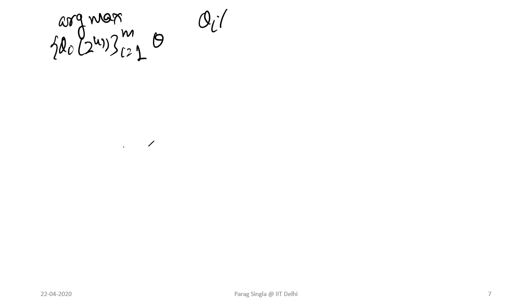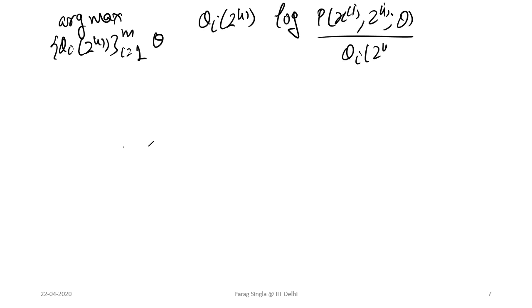The first one is that in the previous slide we have used this expression, where we are trying to do argmax over q_i(z_i), i equal to 1 to m, and theta of this expression, which is q_i(z_i) log of p(x_i, z_i; theta) over q_i(z_i).